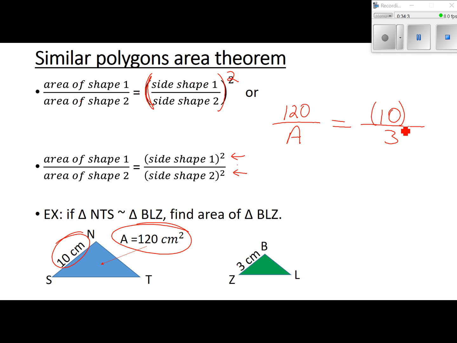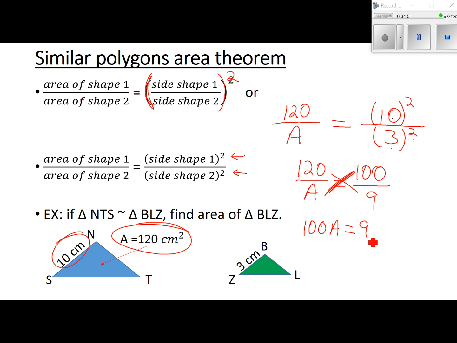The thing you got to remember here is you got to square both of those. So the first part's just going to stay the same. The second part, 10 squared is 100. 3 squared is 9. And then all we're going to do is cross multiply. A times 100 is 100A. And then whatever 9 times 120 is, get your calculator out, you could do that.